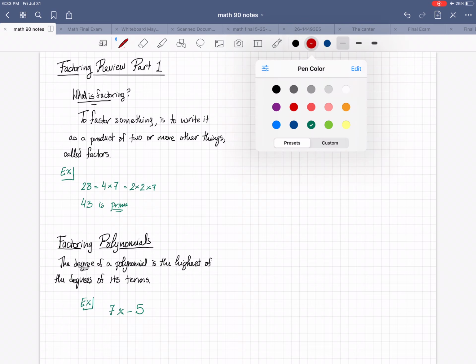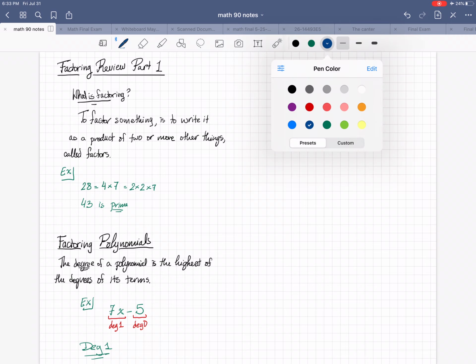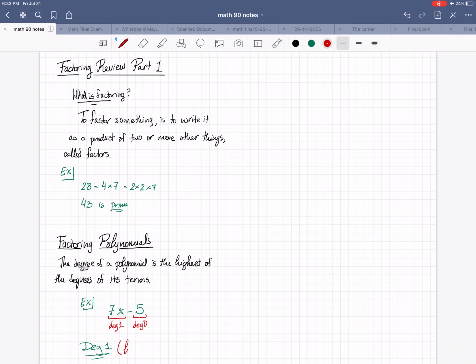So we can say that the degree of this first term here is 1. And then 5 is a constant. So again, we'll talk more about this later, but you could almost imagine it as 5 times x to the power 0. So a constant is always degree 0. So since the 2 terms here are degree 1 and degree 0, the degree of the whole polynomial is 1. Incidentally, a degree 1 polynomial is also known as a linear polynomial.